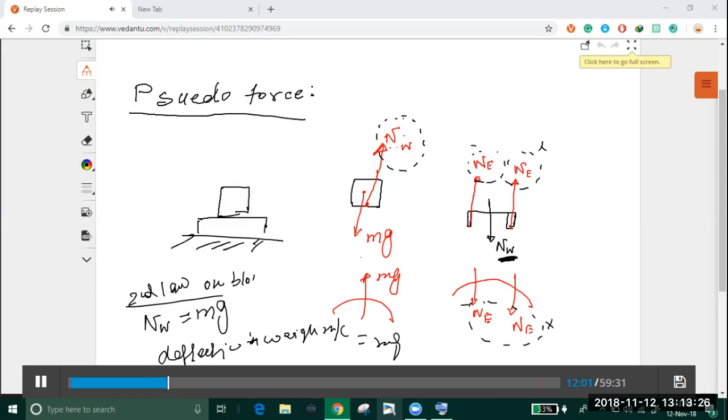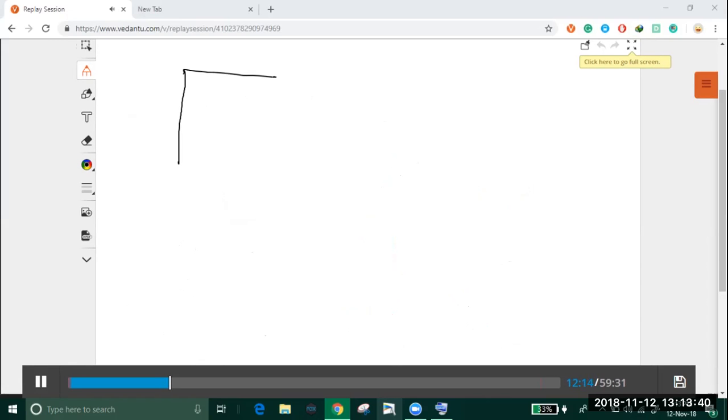Clear now? Now if we place the same weighing machine in a lift, I have placed the weighing machine in a lift. The lift is accelerating down by the amount a.